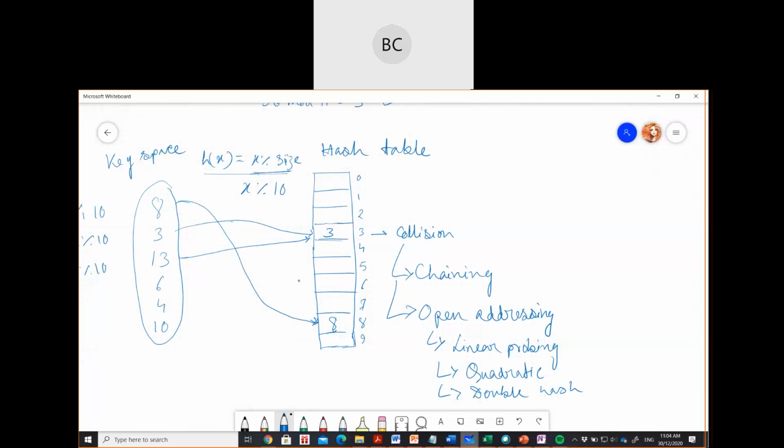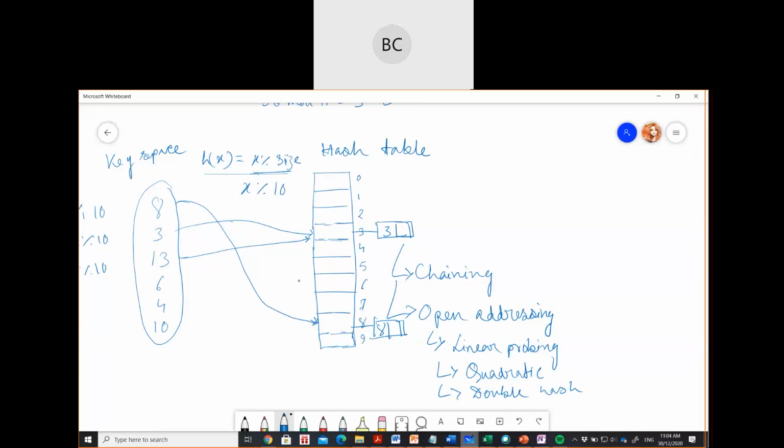So here I'm not going to store the value directly in the table; instead I'm going to store it in a node. Here also I'm going to store it as a linked list.